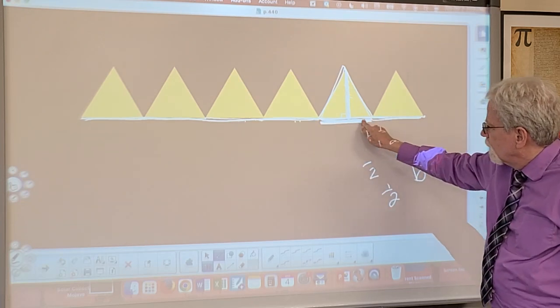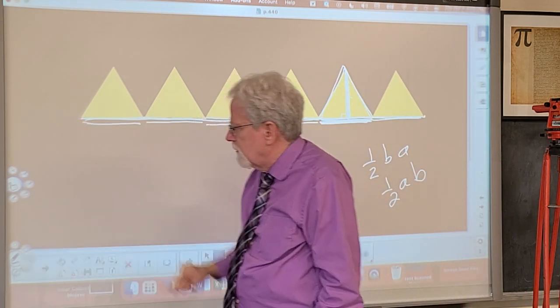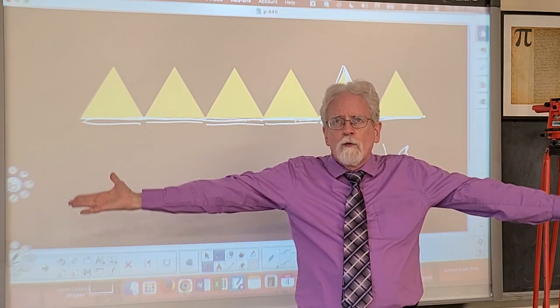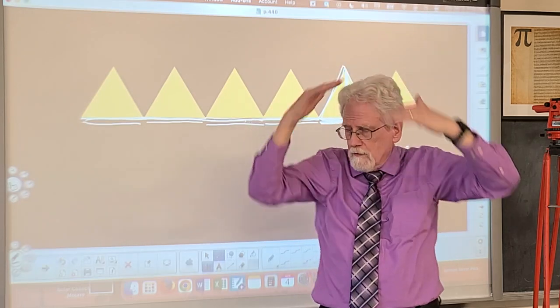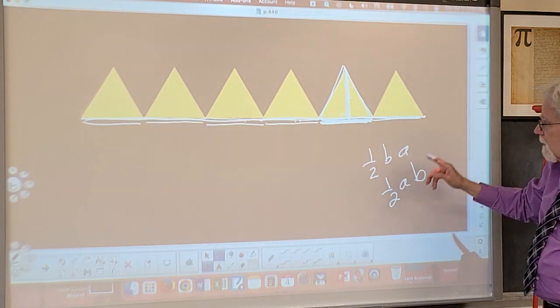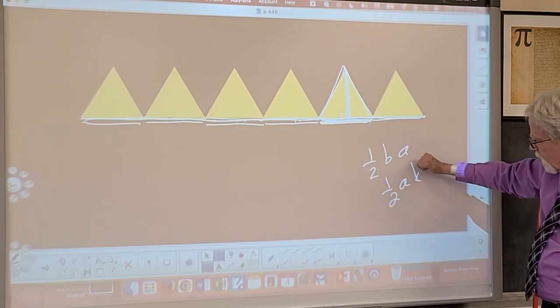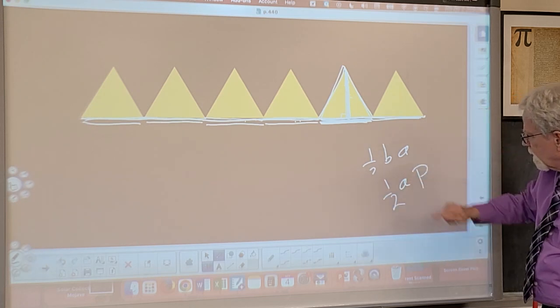One of them plus another one, plus another one, plus another one, plus another one, plus another one. 6 times the base equals what? 6 times the base equals the perimeter. So instead of writing 6 times the base, I'm going to change that to the perimeter.